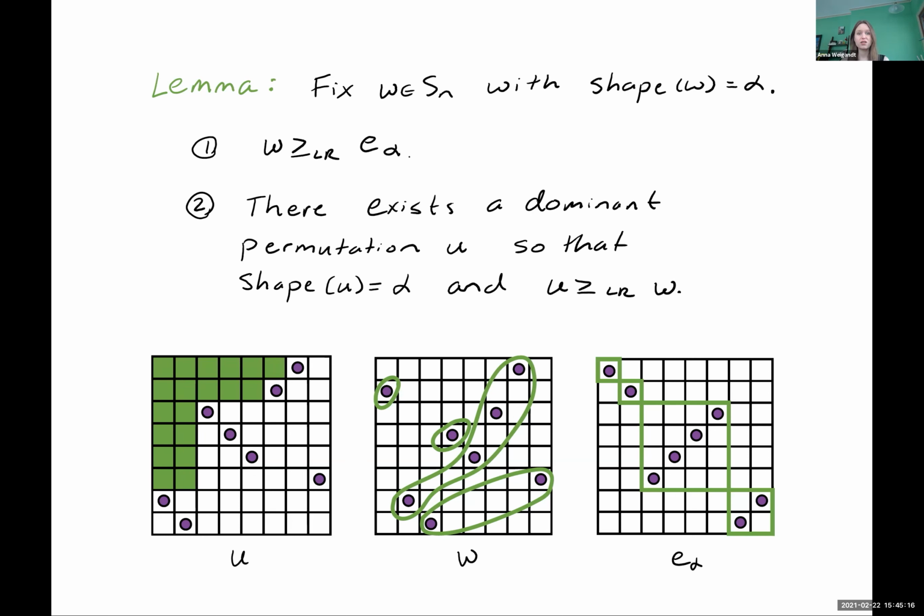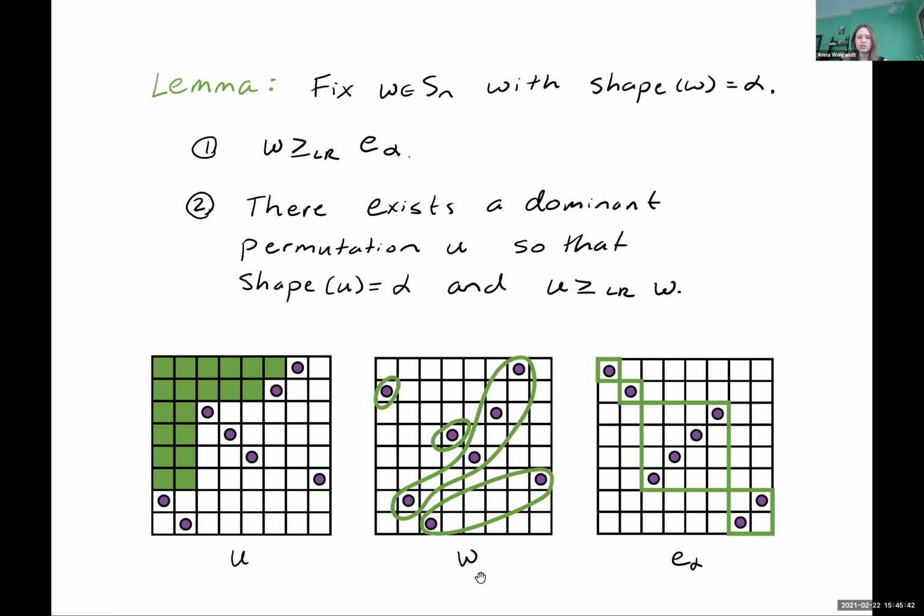lemma. So if you fix W in Sn that has shape alpha, there's kind of two facts, which is one, W is greater than the corresponding E alpha in this left-right order. And two, we can find some dominant permutation that has the same shape as W and is greater than W in this left-right order.